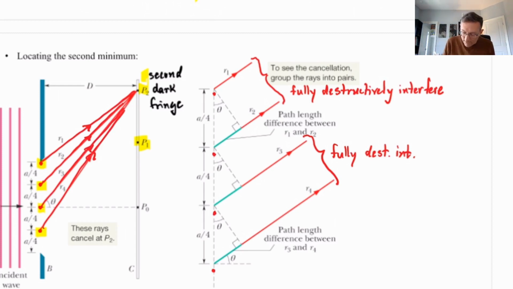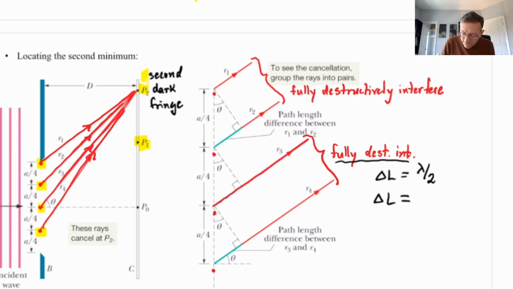Okay? All right. So let's look at these bottom two right here that must fully destructively interfere. Then I know that the path length difference must be a half a wavelength. That's the requirement for destructive interference. But then I also can use geometry to get the path length difference. Now let's consider rays R3 and R4.